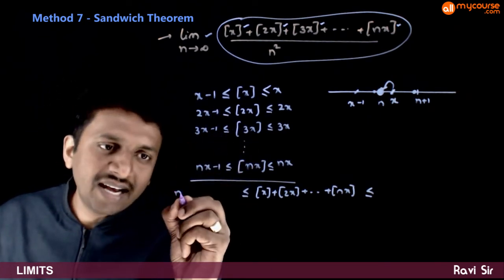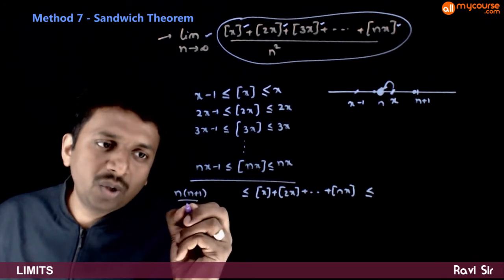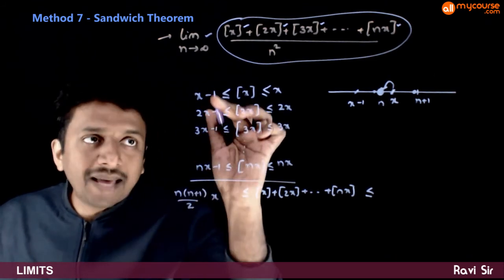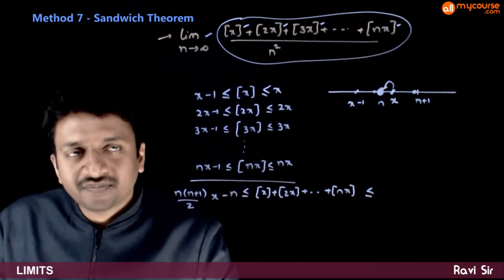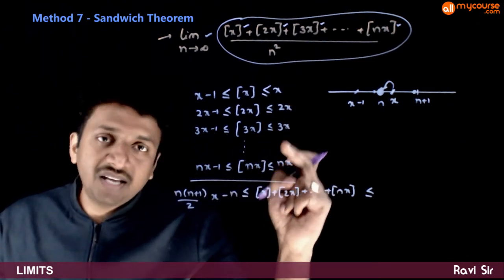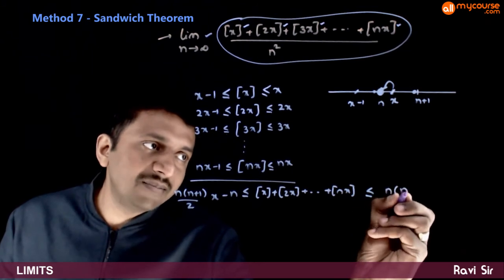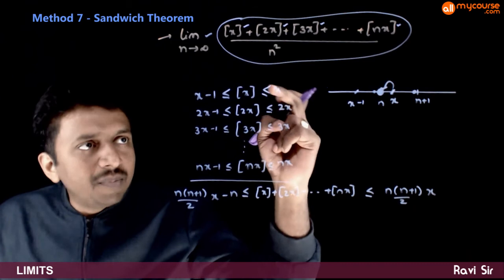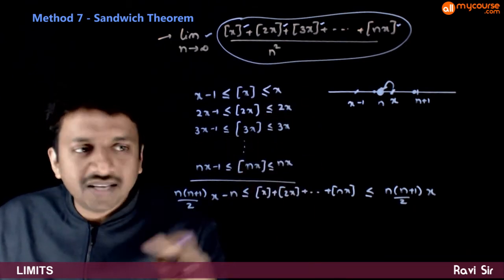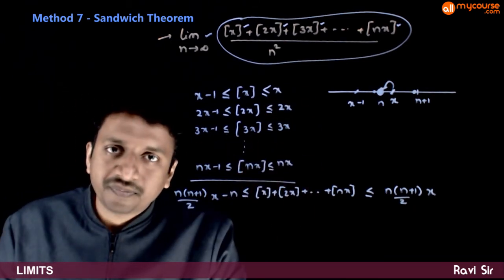That is n into n plus 1 by 2 times x, minus 1 minus 1 minus 1, so on, n times, that is minus n. And x plus 2x plus 3x up to nx is n times n plus 1 by 2 times x, right? Because 1 plus 2 plus 3 plus so on up to n is n into n plus 1 by 2.